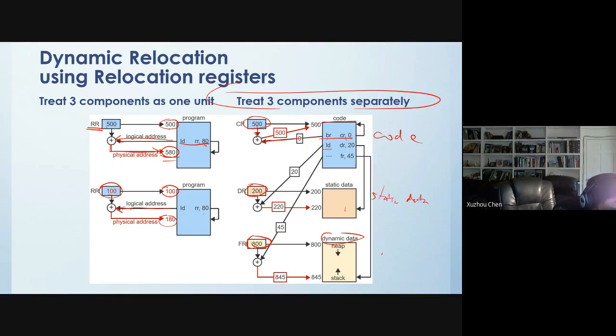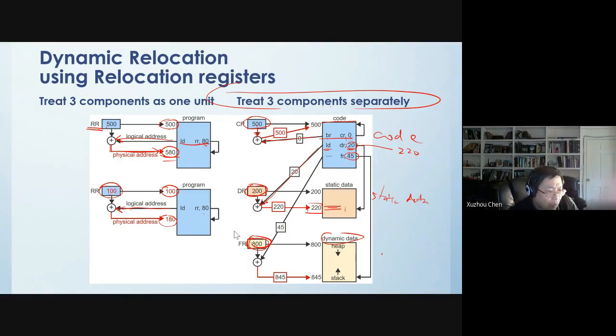And when I load the data, which is the static data, I go over here and add the relocation register for the static data component, so loading the data 220 becomes 220. Now this is dynamic data, and then the relocation register is going to be 800.